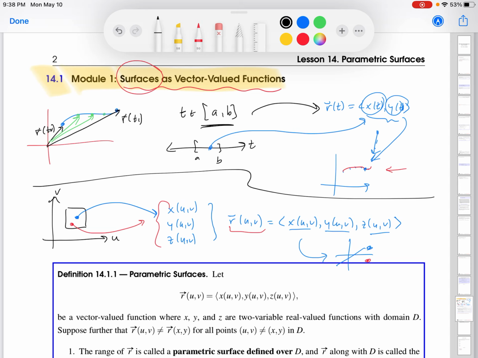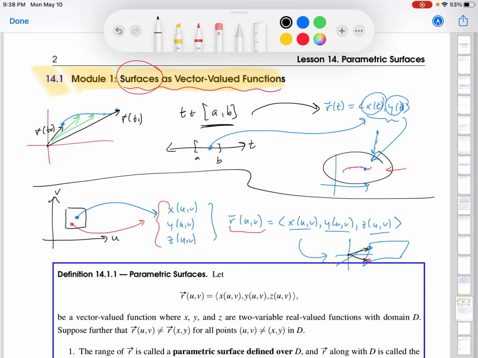And so I'm not plotting the vector-valued functions here because, as with the space curve up here, we think of the range of the vector-valued function as the actual curve itself. Here, similarly, we're going to think of the range of the vector-valued function as the surface that is generated as we plot all of these points.